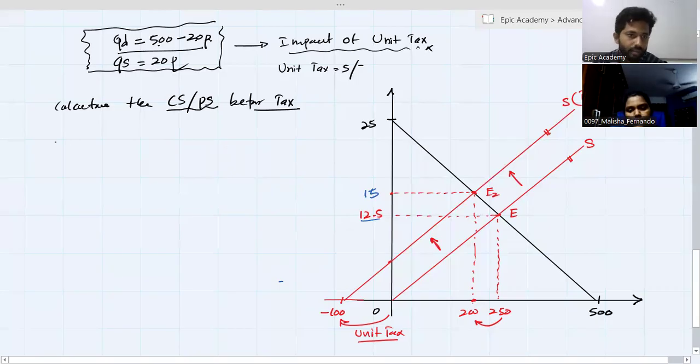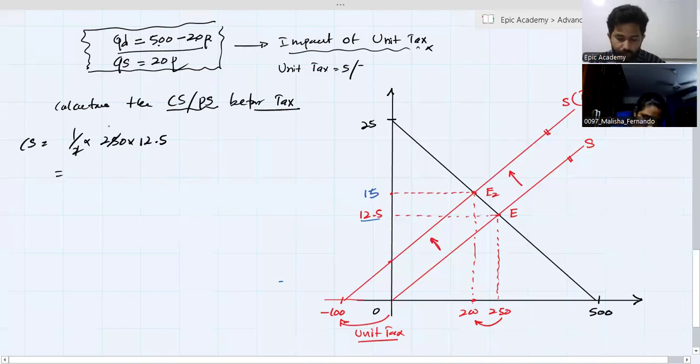Now use the mathematical equation for the CS, consumer surplus. CS equals half into length, which is just 250. Height is the difference between 25 and 12.5. It is just 12.5. And here the value is divided by this one.